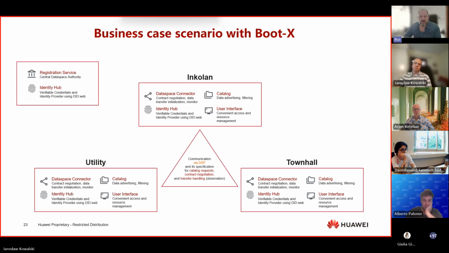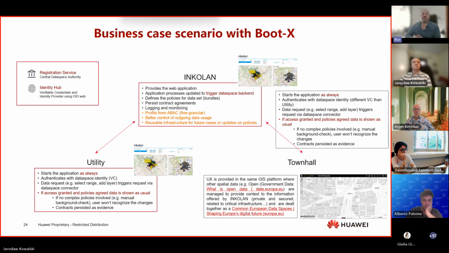And to finalize, on this slide, you can see how everything will work. Basically, Incolan will continue to provide the web application, the different processes, the policies, and so on. And the utility and the town hall will start the application of Incolan as always.